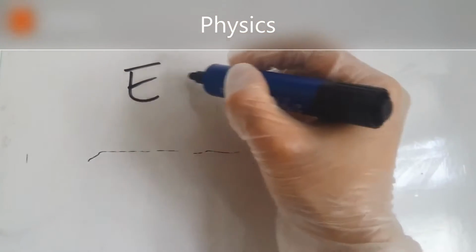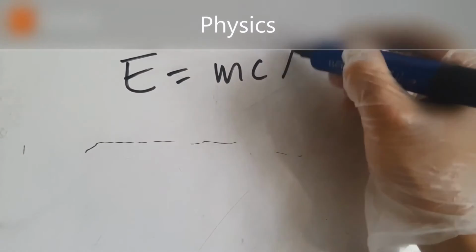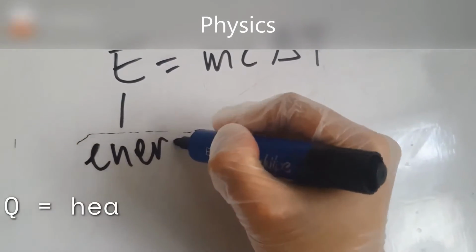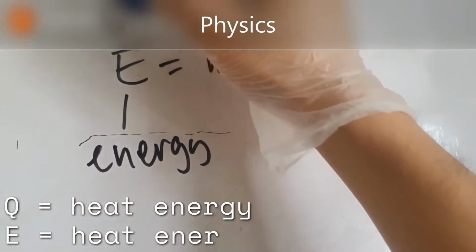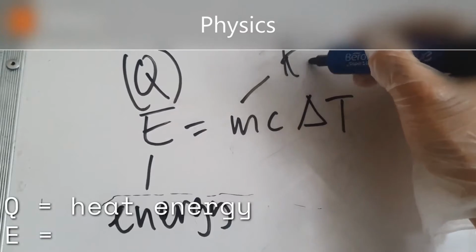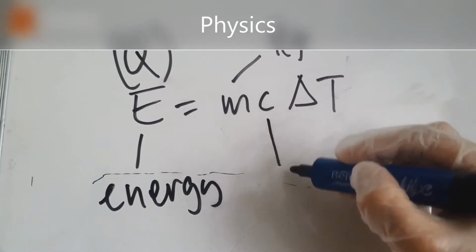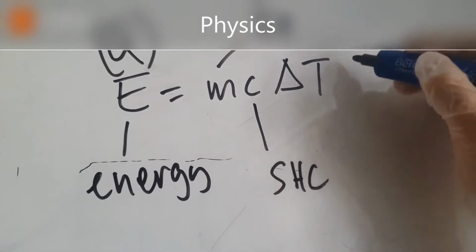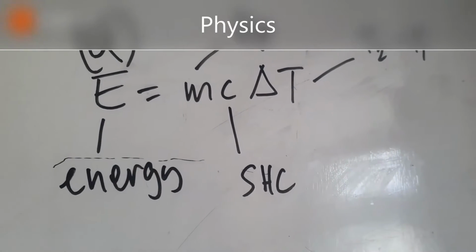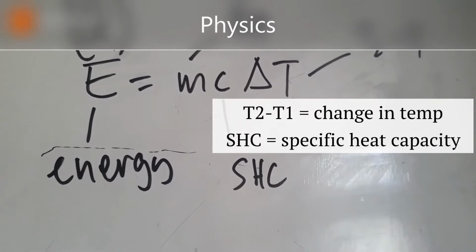Right, so now we're doing specific heat capacity. Remember that E or Q stands for heat energy. It is the heat supplied to a substance needed to raise its temperature by 1 Kelvin or 1 Celsius. So m is the mass of that substance, c is the specific heat capacity of that substance, and delta T is the change in temperature.